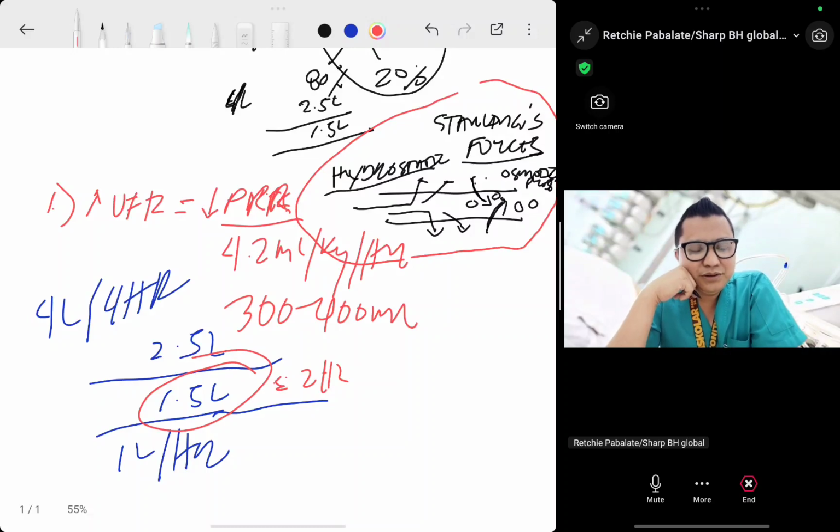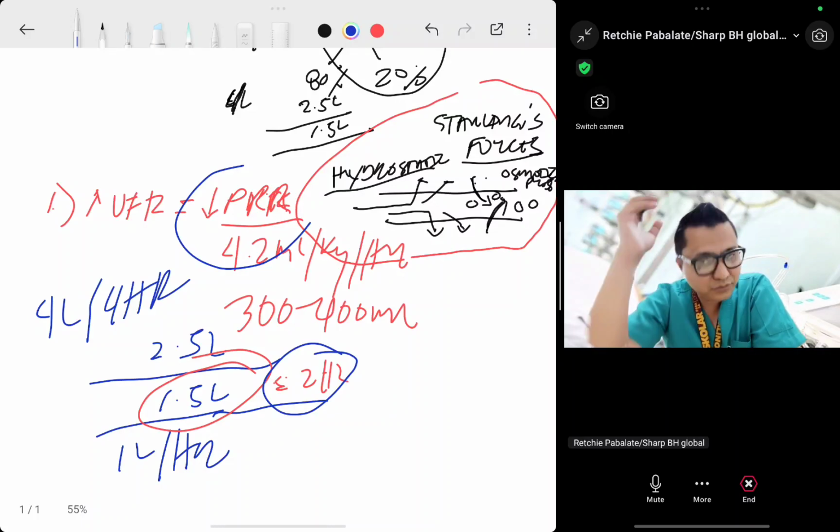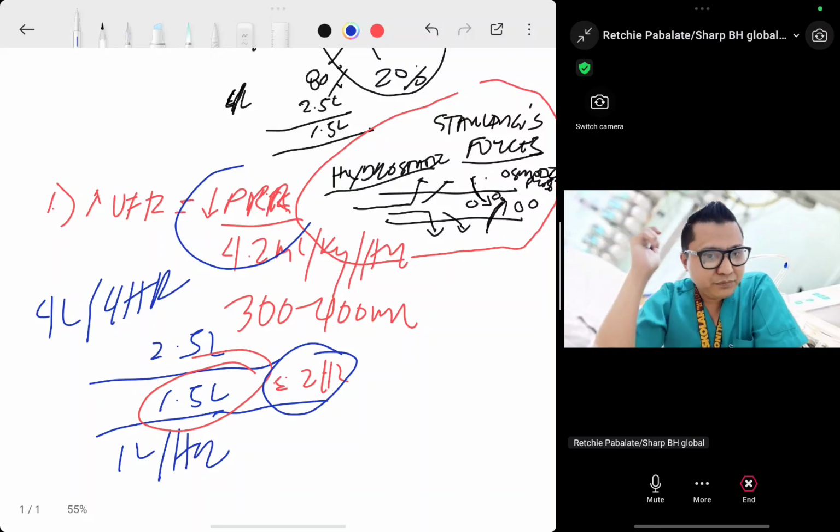After 2 hours of ultrafiltration, we have already removed all the fluid from the intravascular space. And remember what I told you about the PRR? It is very slow, the average rate is around 4.2 ml per kg per hour, so around 300 to 400 ml per hour for patients of average weight.